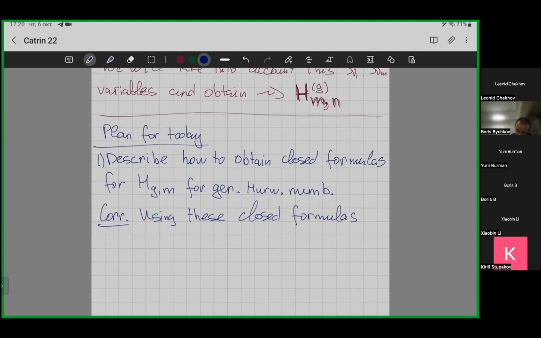Nevertheless, using these closed formulas, we prove TR for generalized Hurwitz numbers.